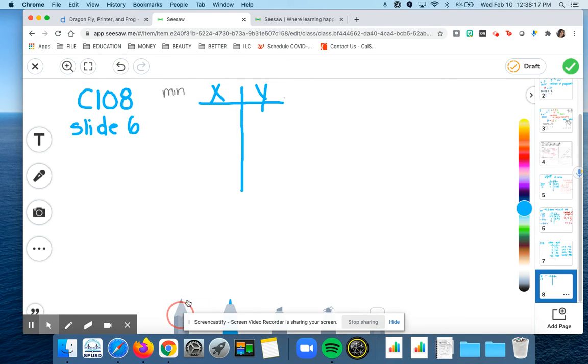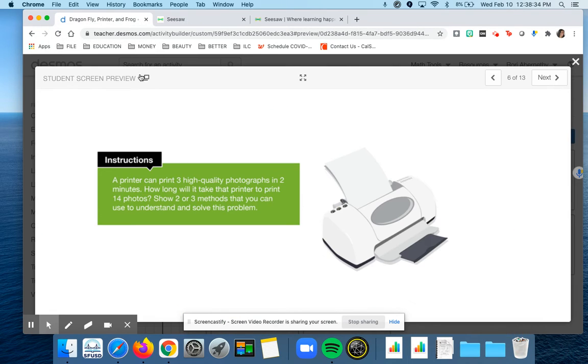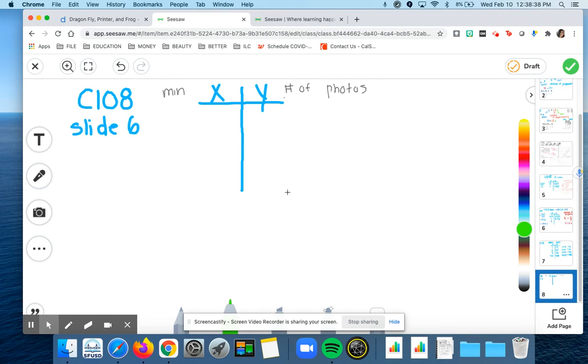This is going to be number of photos. Let's go back and look. It said that it's 2 minutes, 3 photos. So I put the number 2 here and 3 photos.